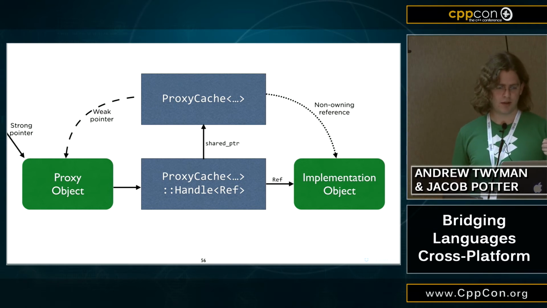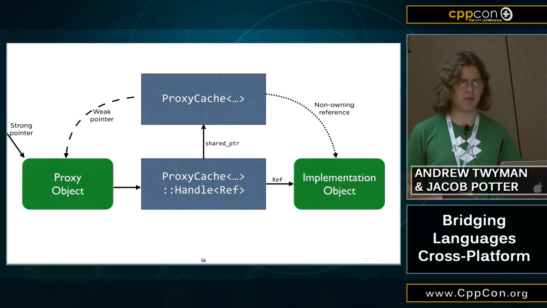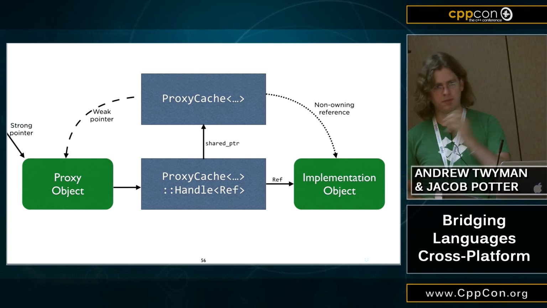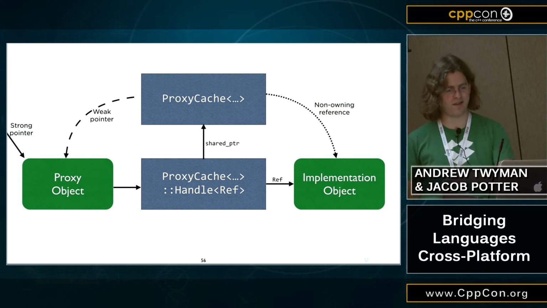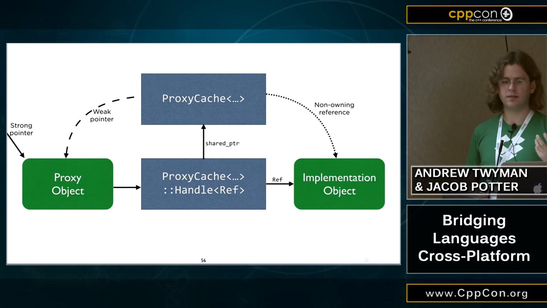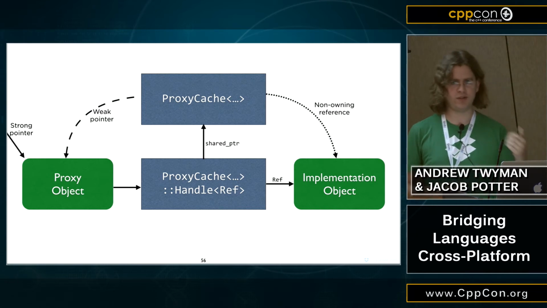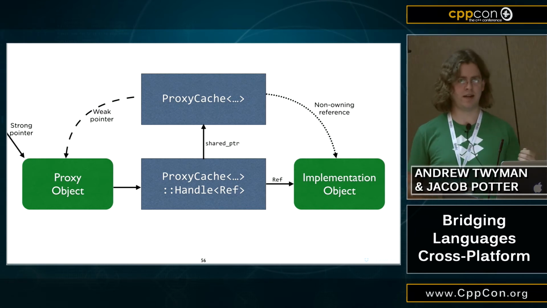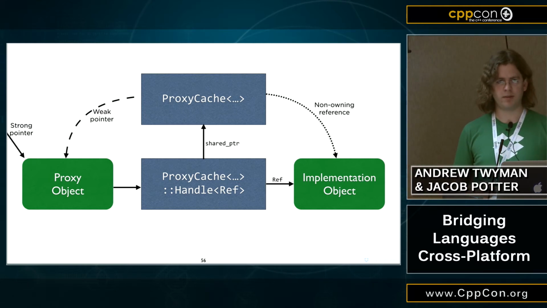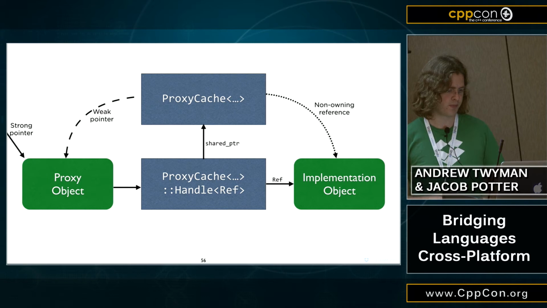The cache maps from implementation objects to the proxy objects that we already have for that implementation. And then there's this handle that the proxy object is expected to hang on to that points to the implementation. And it can use that to actually make its calls as well. And when the proxy object goes away, then the handle goes away, and that cleans up the map entries.